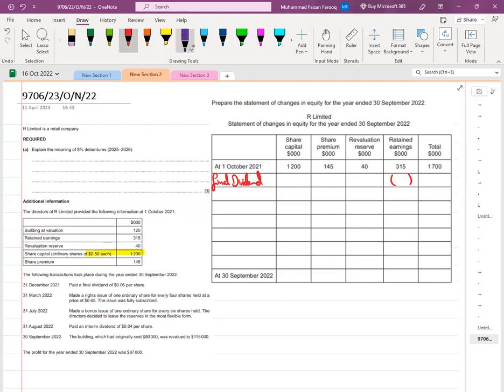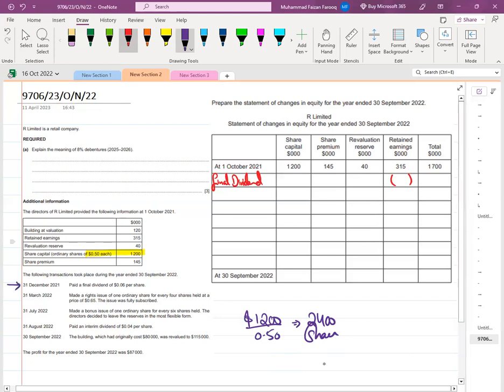Before that, 1200 is the value of shares, and par value is 0.5, which means 2400 shares. And tell me, this dividend is before the right issue. This dividend is before the bonus issue. So we will not consider their impacts. Correct or wrong? Yes, correct.